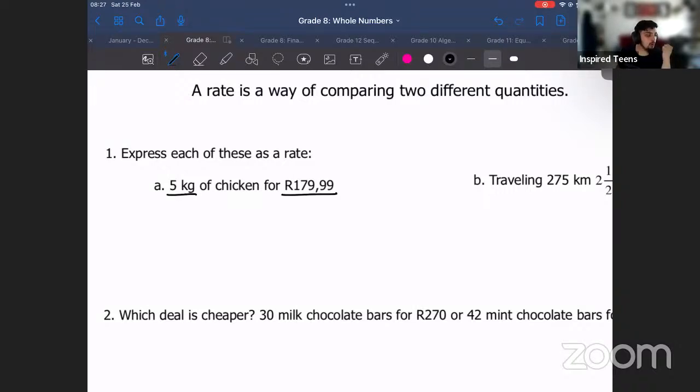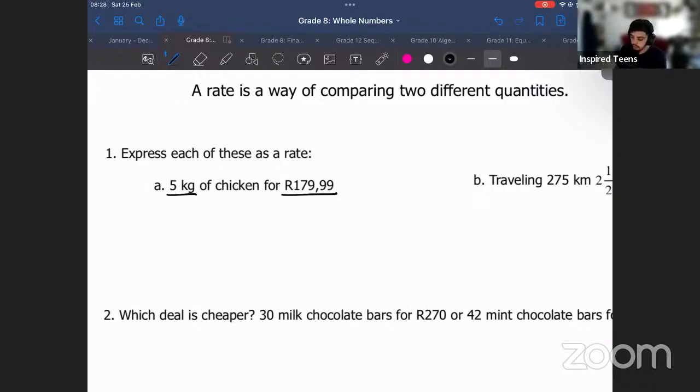How much are we paying per kg? That's a rate. We could say for 1 rand, how many kgs are we getting? That's not the best way to describe this rate, but it's possible as well. Instead, we would calculate how many rands per kg. That would be the better one.